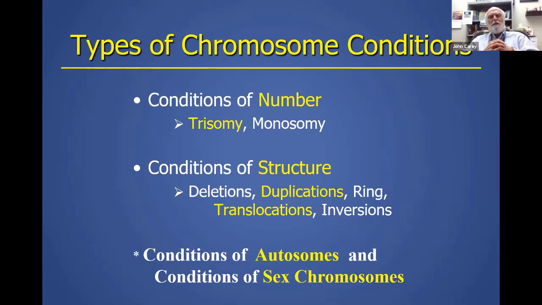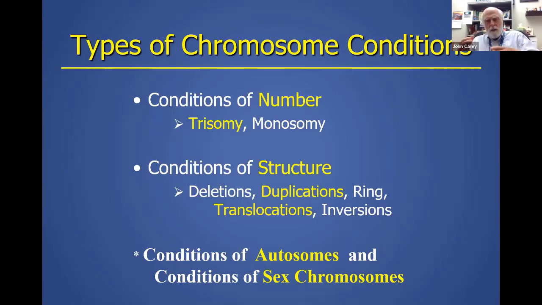Then there are conditions of structure, which are related to partial trisomies that you hear about in related disorders, 9p trisomy being an example of a condition that we're interested in. These involve parts of a chromosome that are missing, deletions, or extra, duplications, synonymous with partial trisomy.